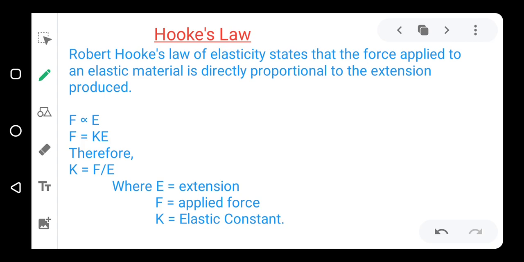Taking it like that, if we say that F represents force and E represents extension, then force is directly proportional to extension.